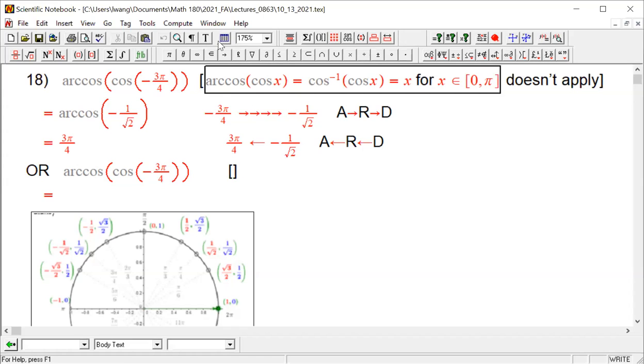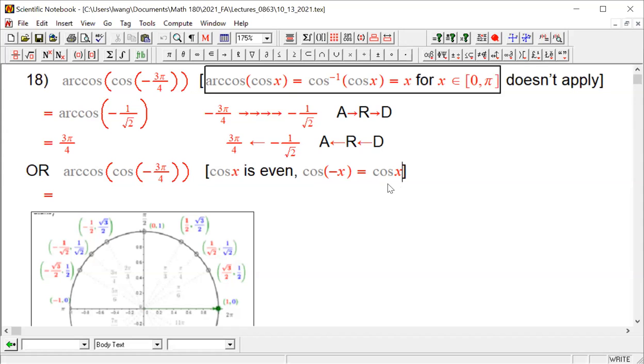What does the even function imply? Cosine of negative x equals cosine x, right? Opposite inputs produce the same output. Remember that narrative we have?